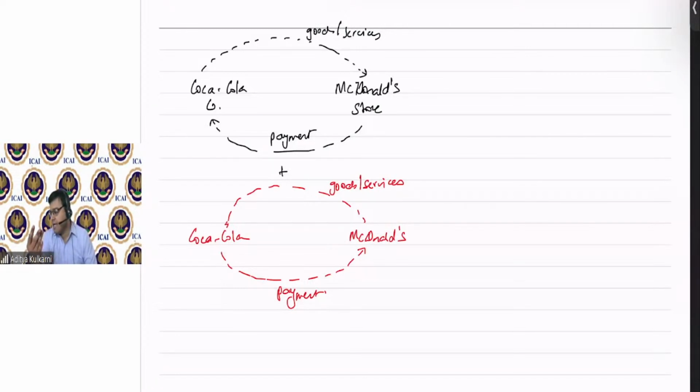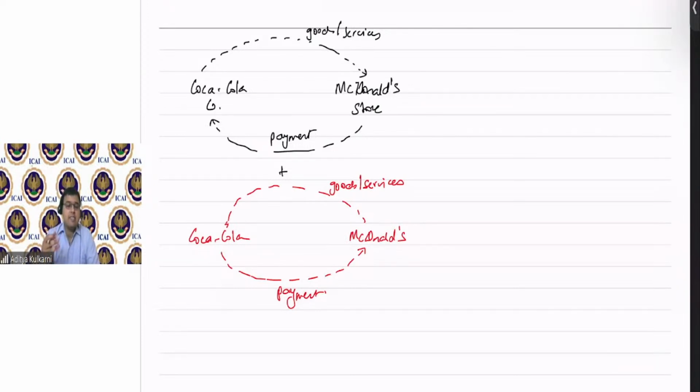What are those? First one, it should not be part of a single integration activity. It should not be a customization or modification, and it should not be highly integrated. Now, all these three things are not present. And therefore, the services being provided by McDonald's to Coca-Cola are distinct in the context of the contract.